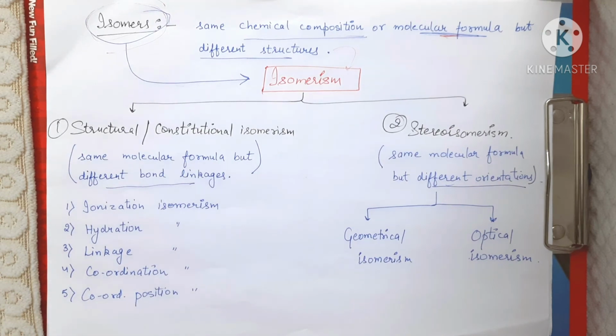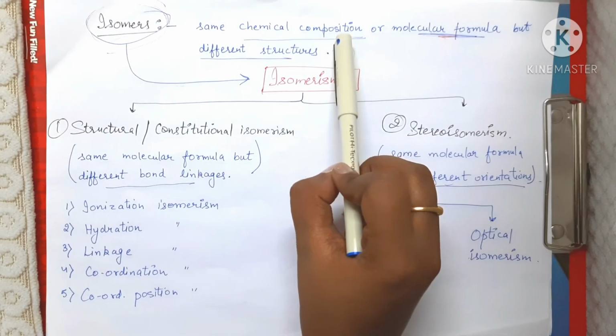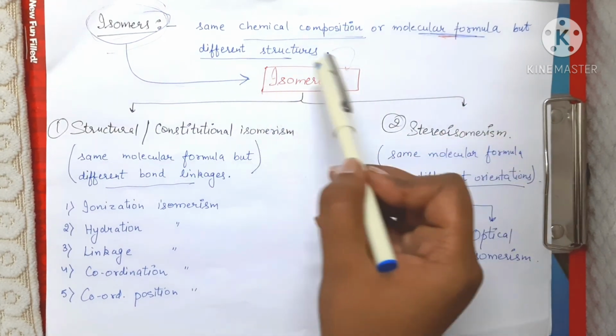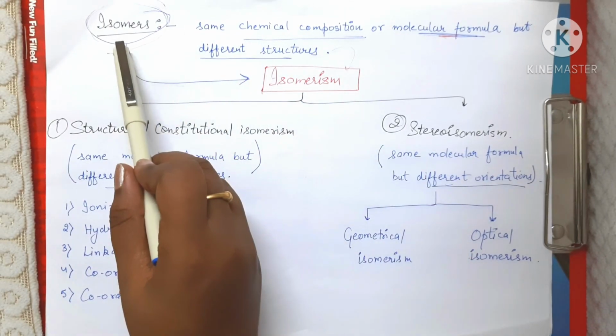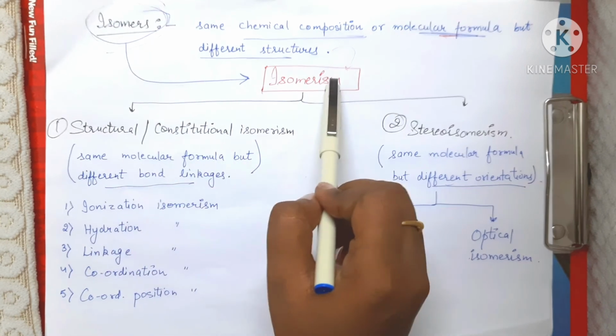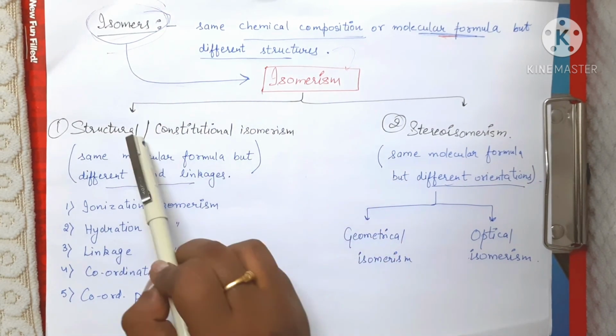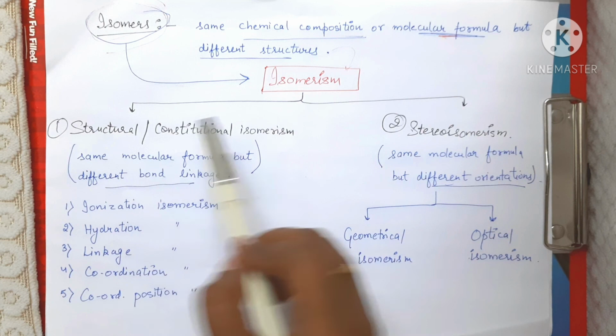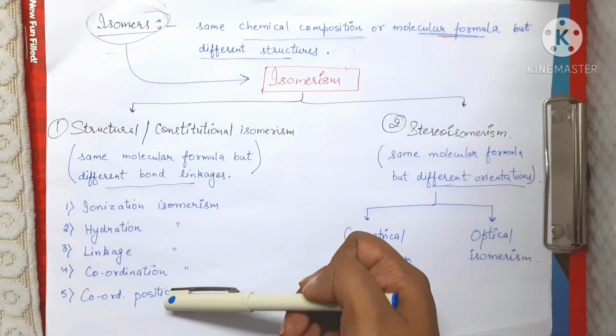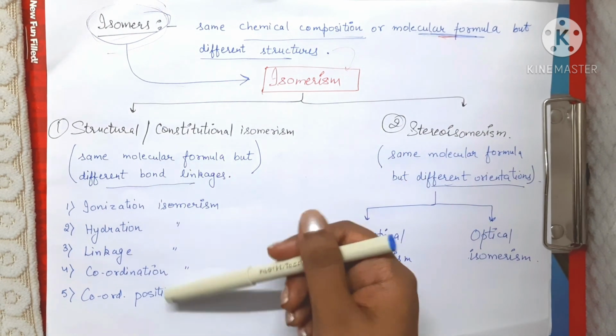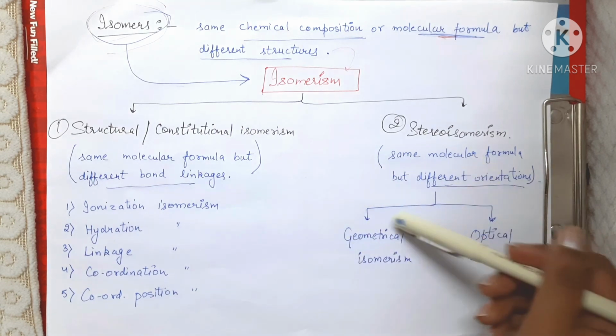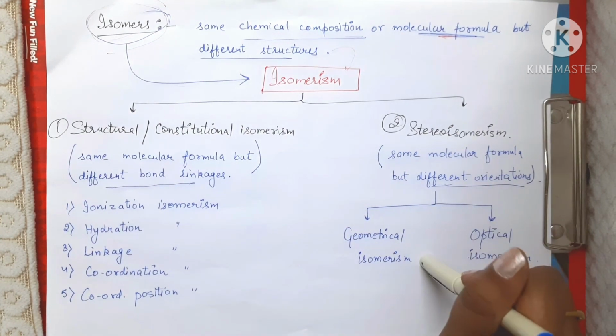So basically, compounds having the same chemical composition and different structures are called isomers, and this property is called isomerism. It is further divided into two categories, structural and stereoisomerism. These are the different classifications of structural isomerism, and these are the two classifications of stereoisomers.